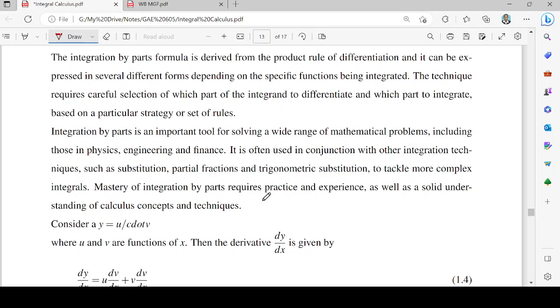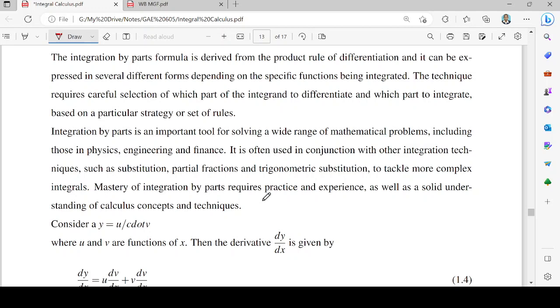And it is often used in conjunction with other integration techniques such as substitution, partial fractions, and trigonometric substitutions to tackle more complex integrals. The mastery of the integration by parts requires practice and experience, as well as a solid understanding of calculus concepts and techniques.